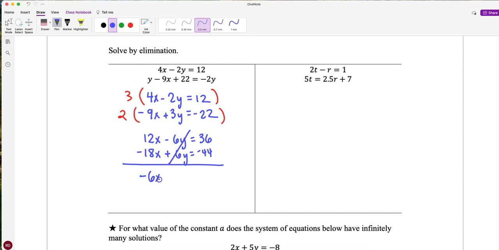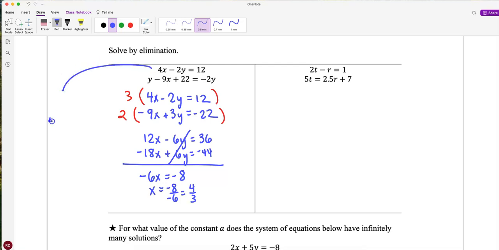Negative 6x equals negative 8, is that right? So this means that x is equal to negative 8 over negative 6, which is 4/3. Now I know x, I just need to find y.